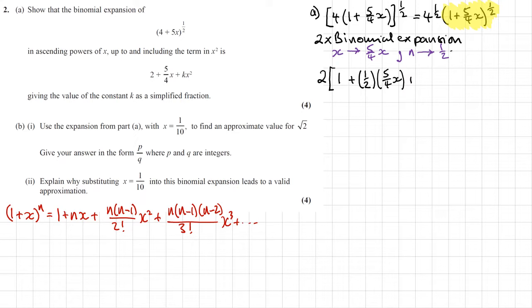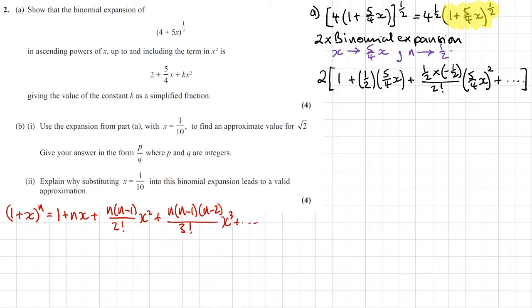Then the next term is n, a half, times n minus 1, that's half minus 1, so that's minus a half, over 2 factorial, and I'm replacing my x squared with 5 over 4x all squared. So it's not 5 over 4 with just the squared on the x, but all of that, because I'm substituting x with all of 5 over 4x. So the next step is just to simplify this.